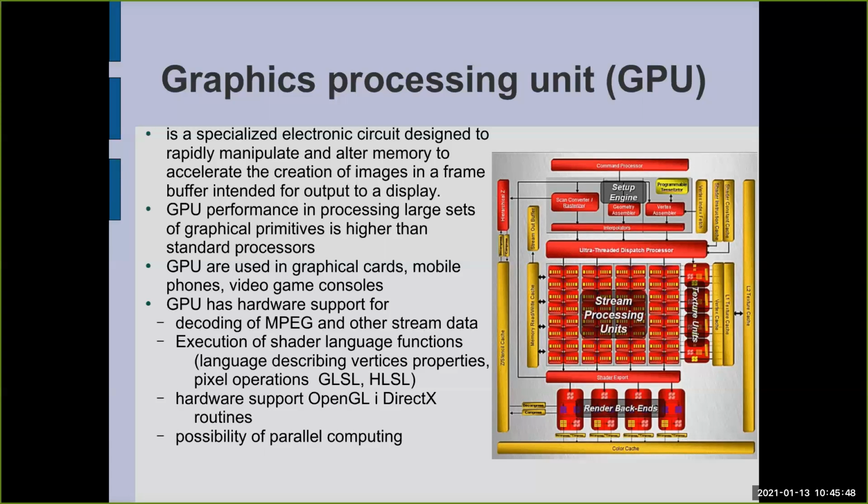They are not as powerful as CPU cores are, but there are a lot of them. Looking at this scheme, you can see that there are a lot of stream processing units, a lot of cores, which are able to process data at the same time. So the question is, why do we have so many stream processing units?